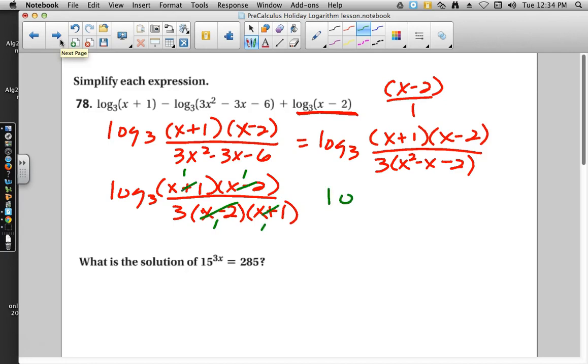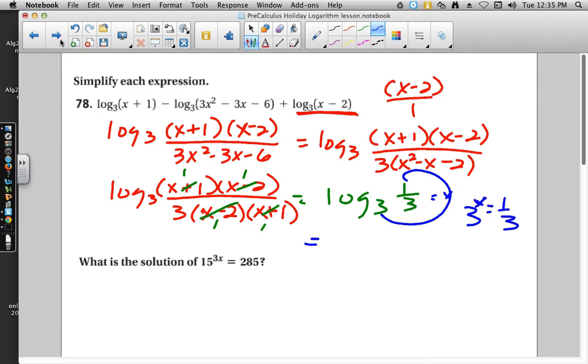And that gives us logarithm base 3 of 1/3. Now, seeing those 3's, you should immediately think, wait a minute, I think I can evaluate this. I can actually get a one number answer here. 3 to the, think of that as an x, 3 to the something equals 1/3. Well, that's the reciprocal.